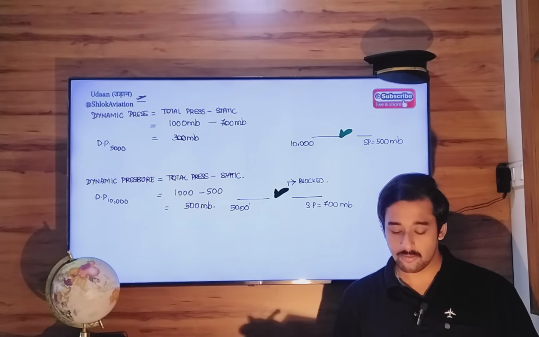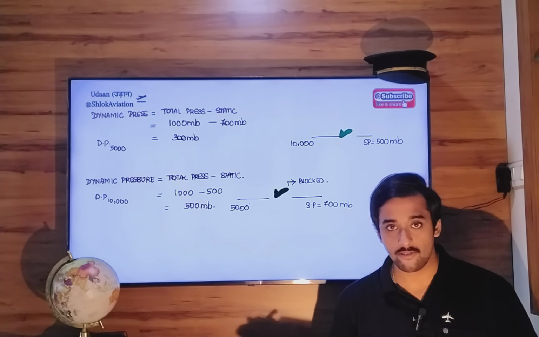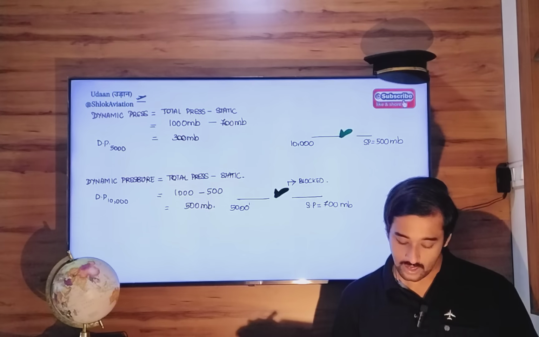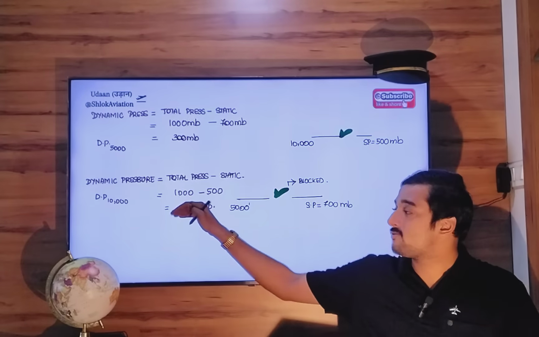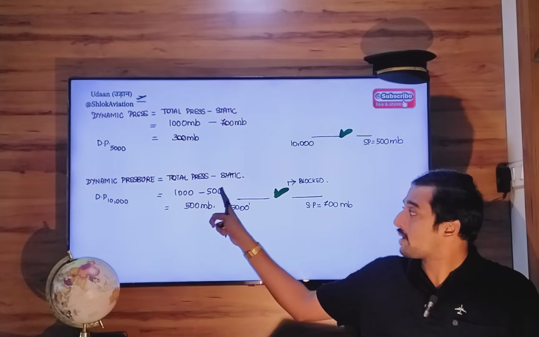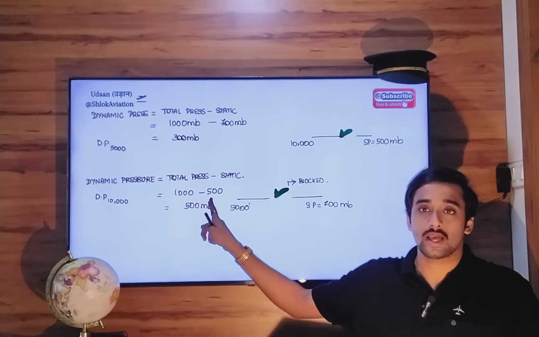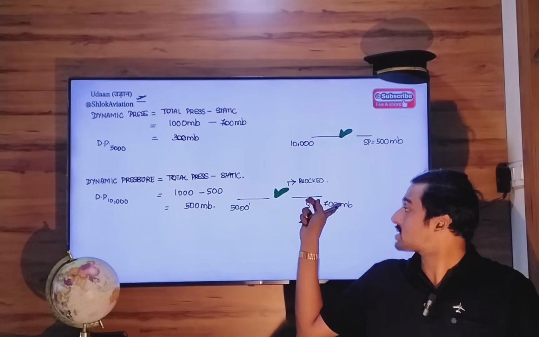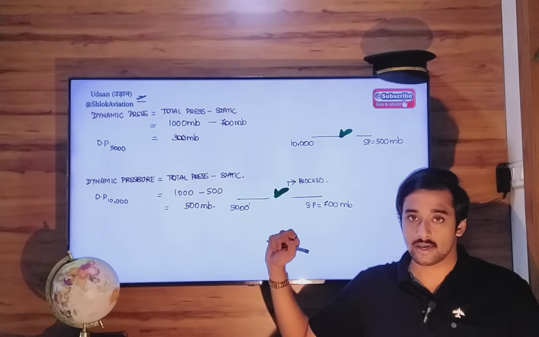That means the dynamic pressure, the forward speed of your aircraft, will increase. From 300 it has become 500. But since your static port is blocked, you are not going to subtract 500 from 1000. You are going to subtract 700 instead of 500.